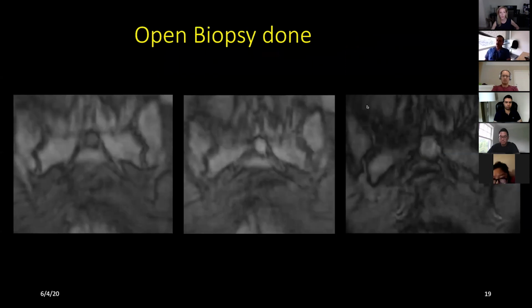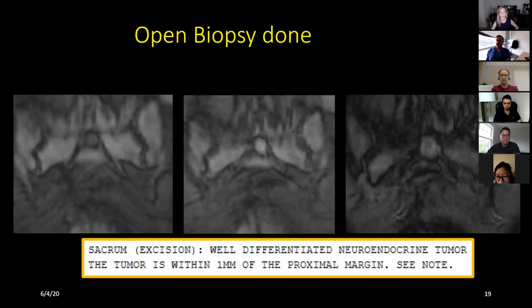Again, we did our perfusion imaging. As I said, this is a dynamic scan that we do. So this is the non-contrasted portion of the study. This is the early arterial portion of the study, and this is the mid-arterial. Anything that enhances like a light bulb in the early arterial phase, it's always a red flag. So based on this, we knew that this is not going to be reactive changes or anything. This has to be tumor. The patient was taken for biopsy, and this was the biopsy result.